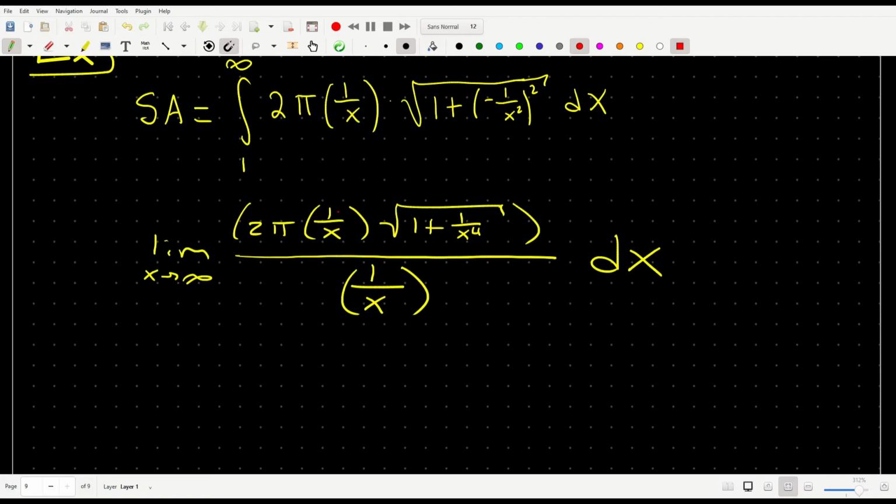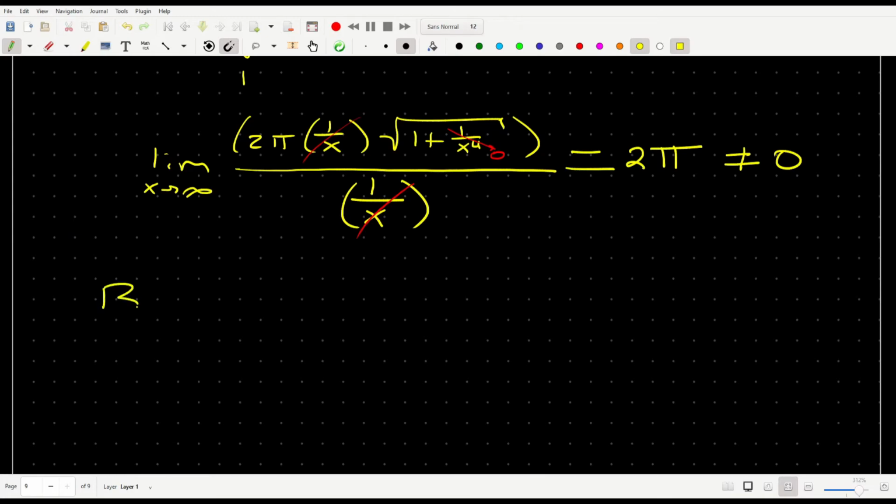Well, this limit we very quickly see that the 1 over x's cancel out. And there's no dx here, sorry. The limit of 1 over x to the fourth as x goes to infinity is 0. So this limit is going to be equal to 2 pi, which is a non-zero finite value.